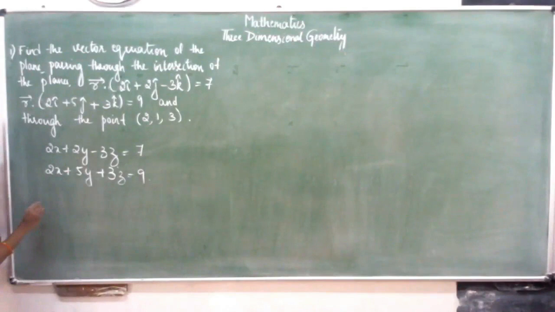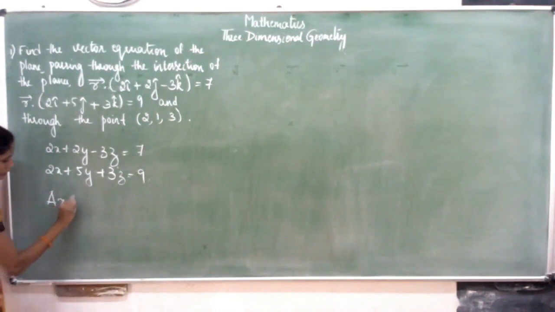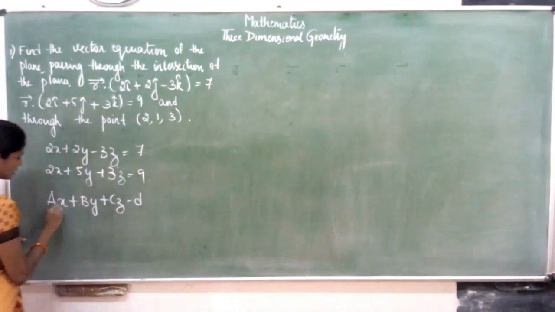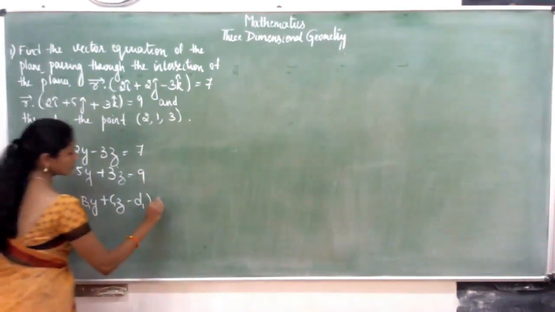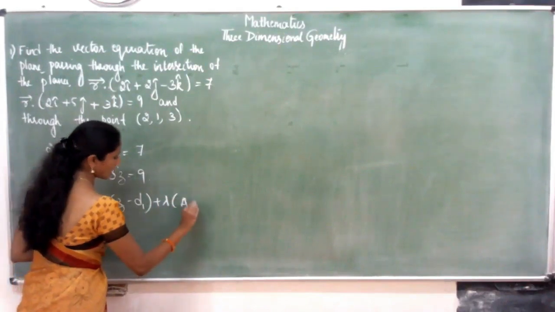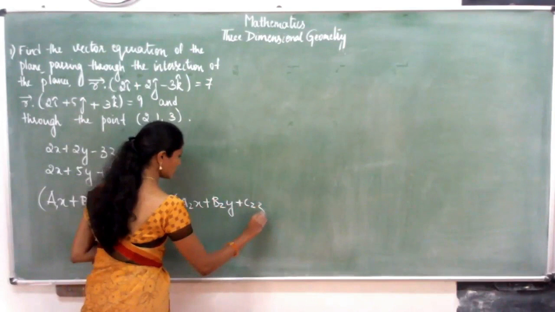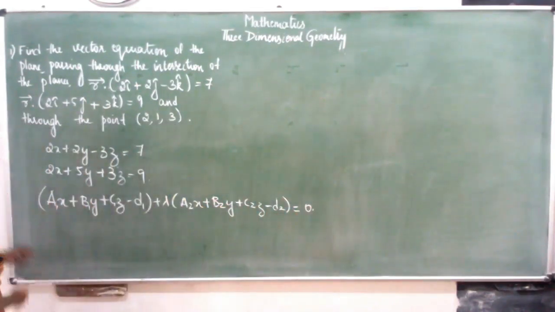We have already studied the Cartesian form of the equation of the plane passing through the intersection of two given planes. That is a1x plus b1y plus c1z minus d1 plus lambda times a2x plus b2y plus c2z minus d2 is equal to 0.